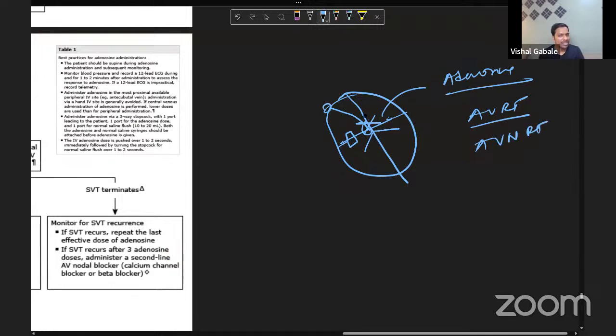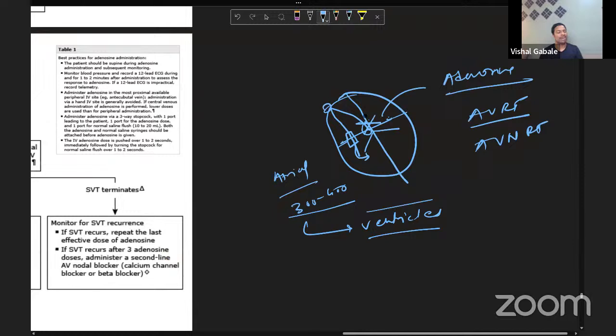But suppose normally the rhythm was passing through the AV node, but now it will pass through what? This accessory pathway directly, uninhibited. Okay, and definitely because of this, all the atrial impulses, which are at a rate of like 300 to 400, will pass to the ventricles, causing what?